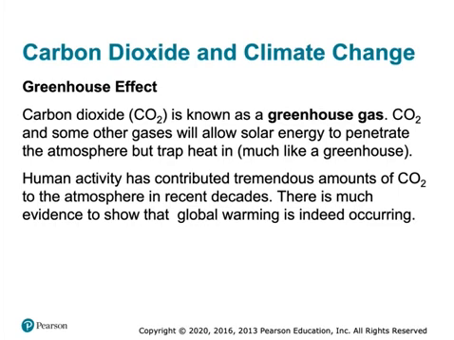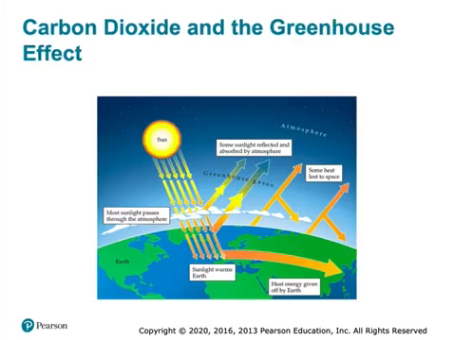So the greenhouse effect is a wonderful thing. It warms the earth, and it's one of the reasons why life is possible here on Earth. Problem is, anthropogenic activity has increased the amount of greenhouse gases in the atmosphere, and this shows the effect of the greenhouse effect as it goes.